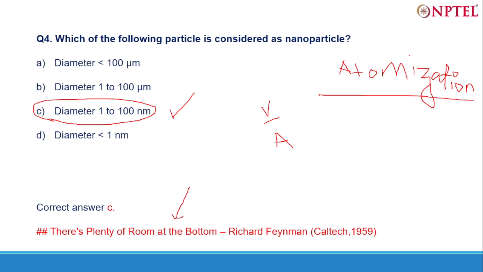So for nanoparticles, we have seen that diameter should be 1 to 100 nm, and there are many applications. One of the applications which I can think of is environmental nanotechnology. They are actually utilized to form membranes for water filtration and wastewater treatment.